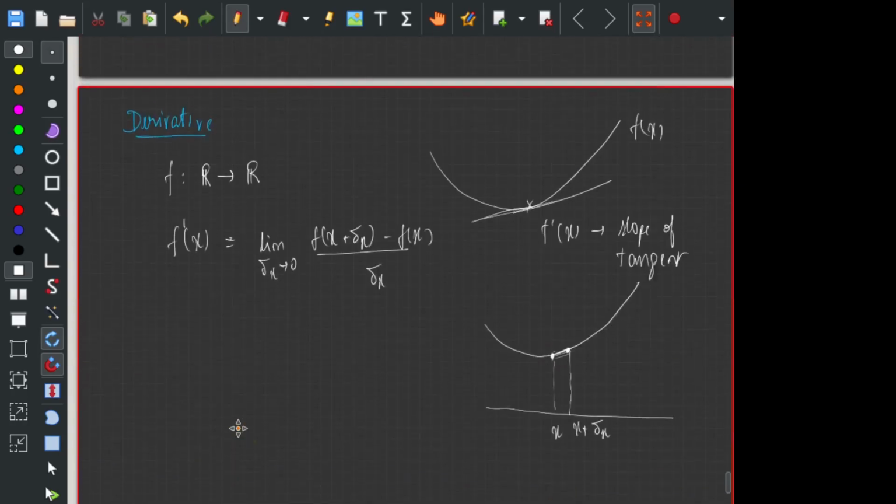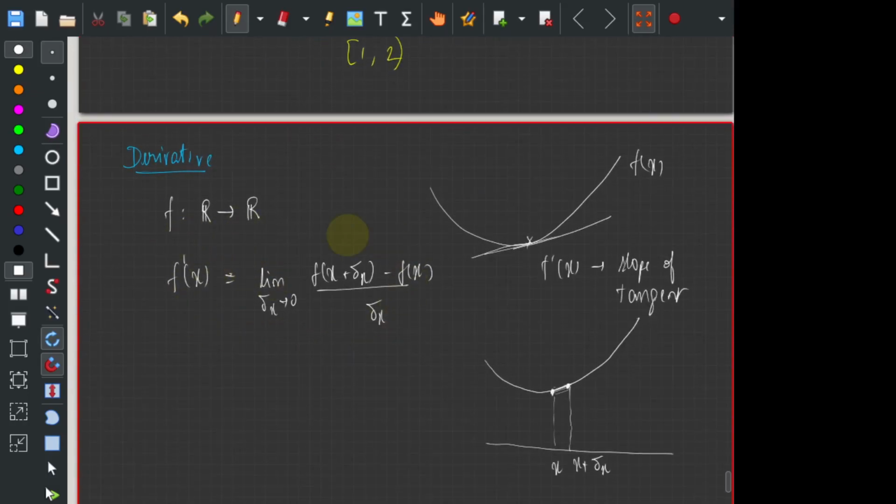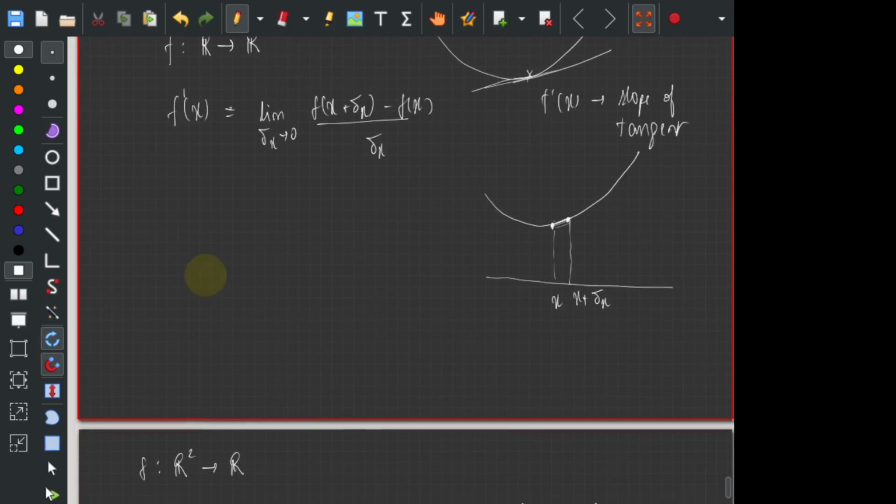When you say that f prime of x is equal to this, what this means is that you can write f of x plus delta x as f of x plus delta x times f prime of x plus some e of delta x, where this quantity e of delta x goes to 0 faster than delta x. So this is in some sense the Taylor series, or at least the first two terms of the Taylor series approximation, correct?